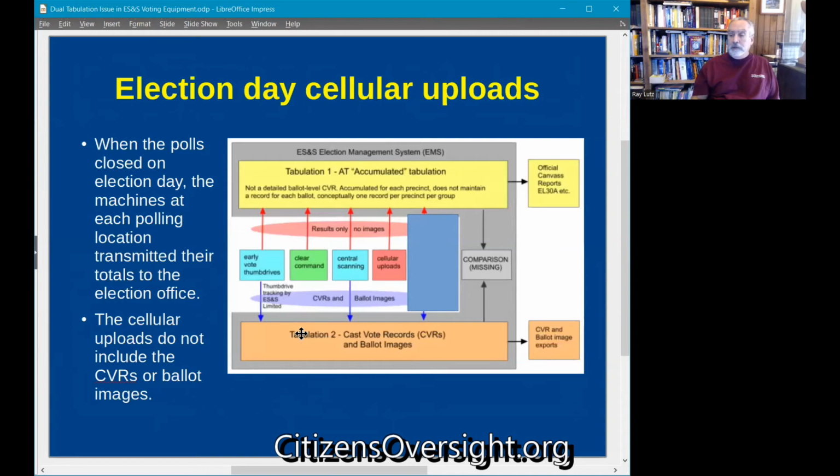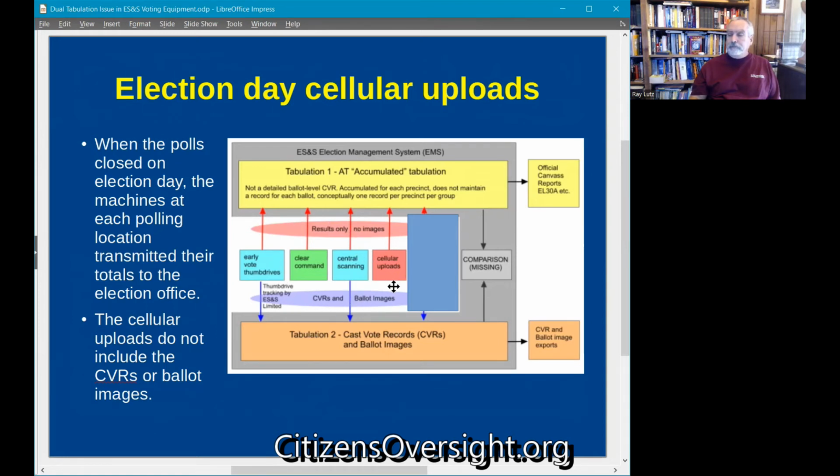Going on then, when the polls close later on election day, those first early votes came in, and the ones from all the other voting centers were basically acquired, and it was only the central scanning from that one site that occurred here.